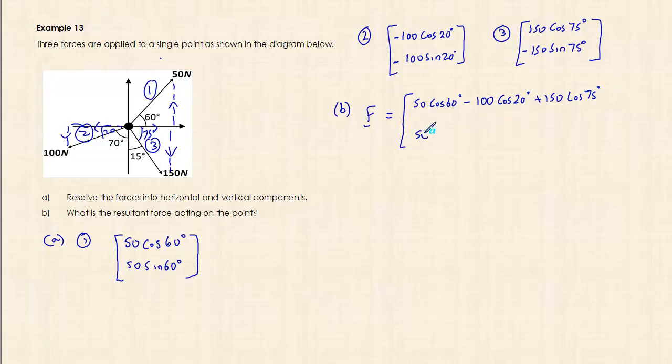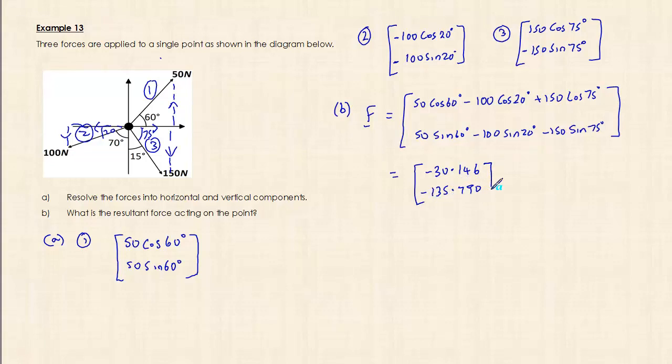Then we'll have 50 sine 60, take away 100 sine 20, take away 150 sine 75. Calculating these, that gives me negative 30.146 and negative 135.790, working to 3 decimal places.